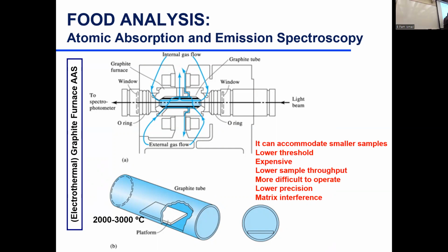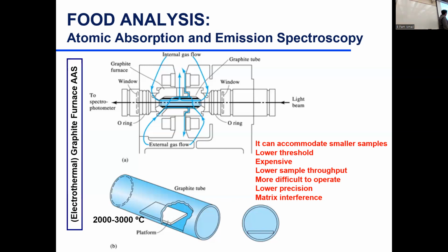And then your sample will evaporate, the atoms in gaseous form, and the light will be projected perpendicular to that, and the same principle occurs. The only difference, first of all, it's expensive. However, it has an advantage that instead of having to prepare a 50 ml sample or whatever, maybe just a few microliters of sample is what you need to put in there.